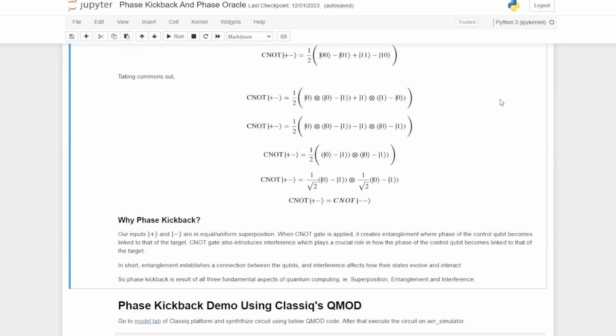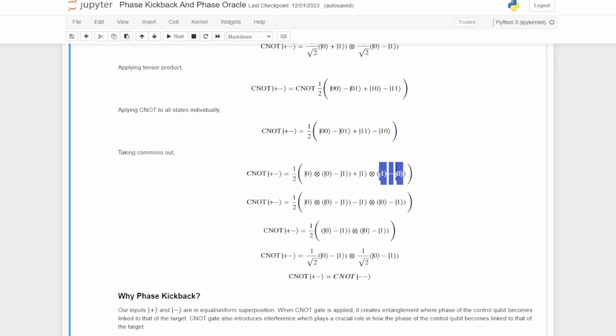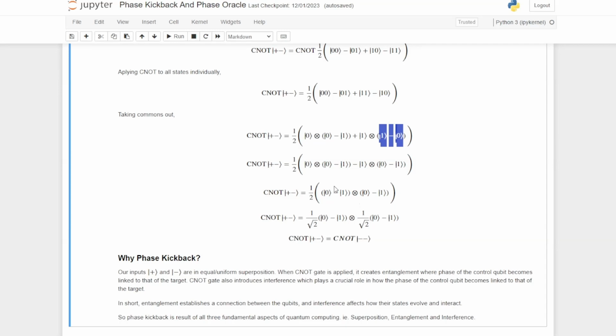And if we see this term, it's 1 minus 0, and we saw that we can represent the minus state as 0 minus 1. So if we take minus out, then it will become 0 minus 1. So here we took minus out and 1 minus 0 became 0 minus 1.